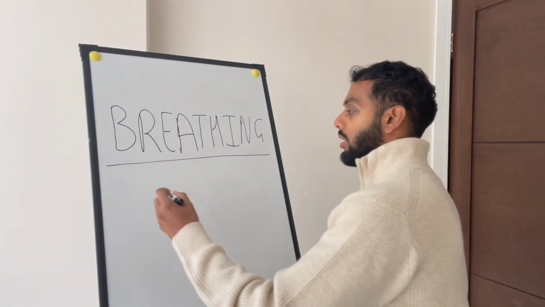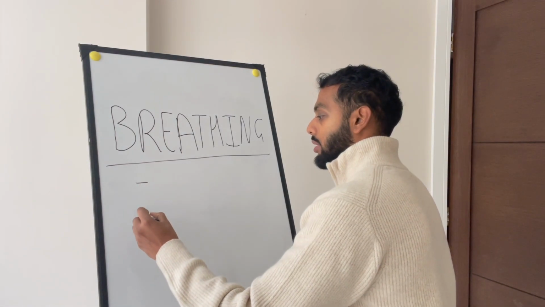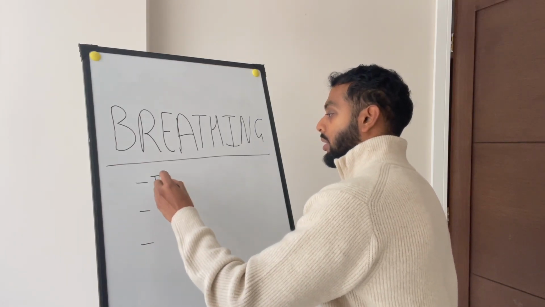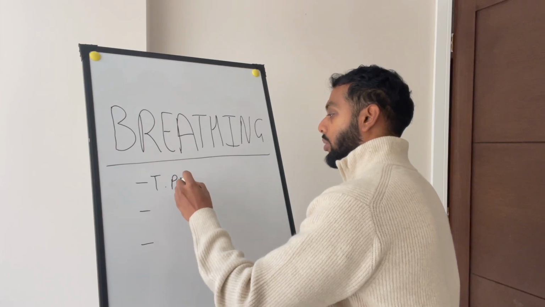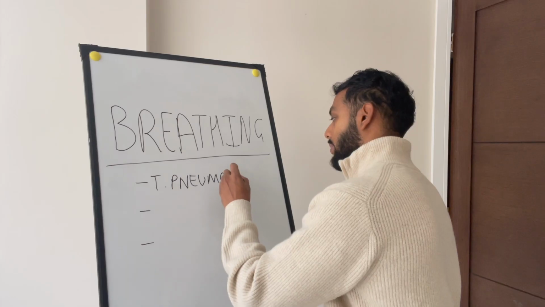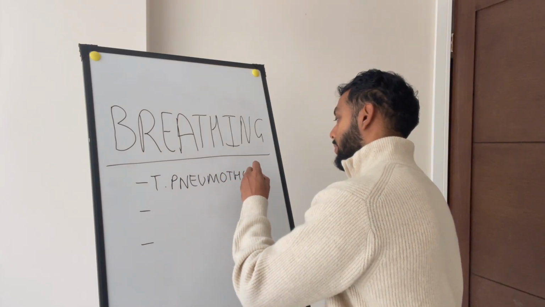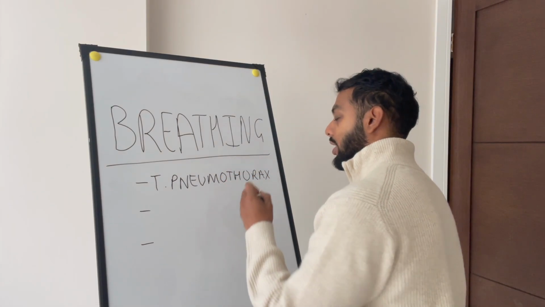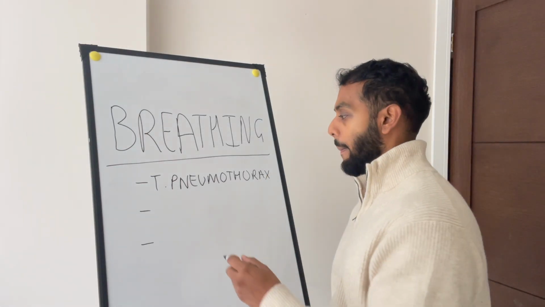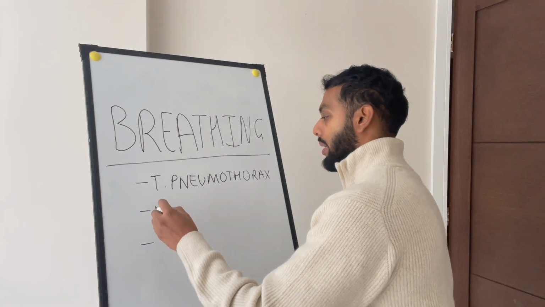But let's look at the main life threats. So the first one could be tension pneumothorax. Remember, this is just things you need to keep in the back of your mind as you're doing your A to E. The second one, a massive asthma attack.